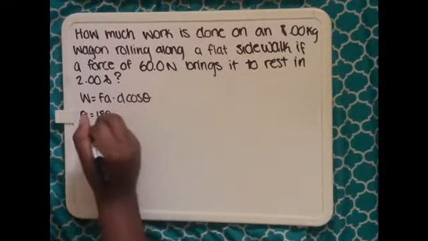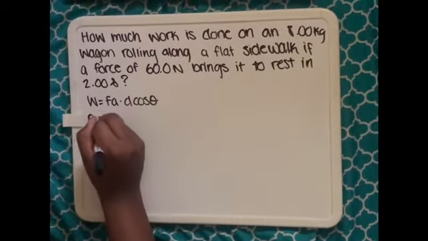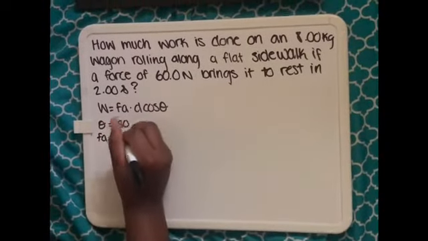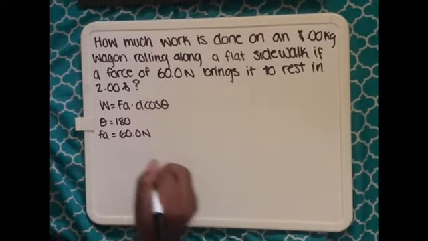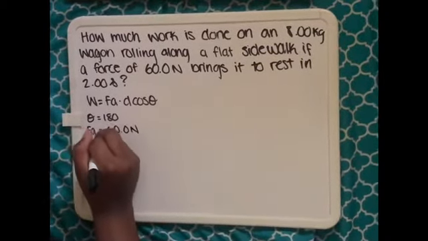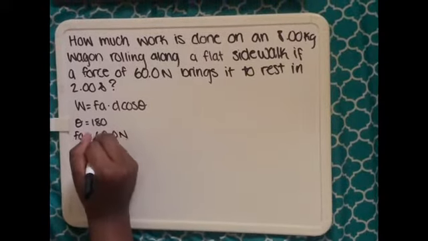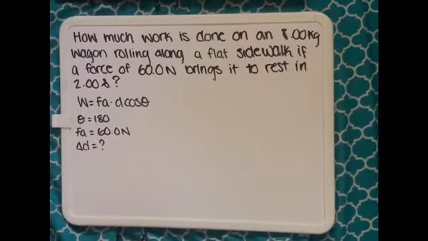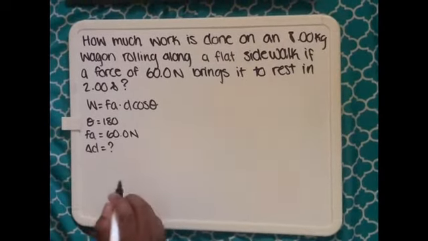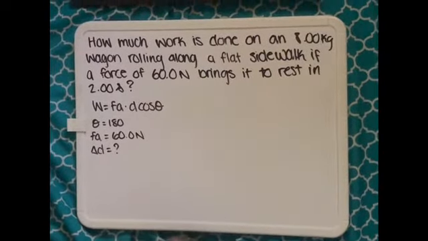We also know that Fa is equal to 60.0 newtons. The thing we don't know is delta d. That is unknown. But what we do know is that to solve delta d, we need V1, V2, and time.